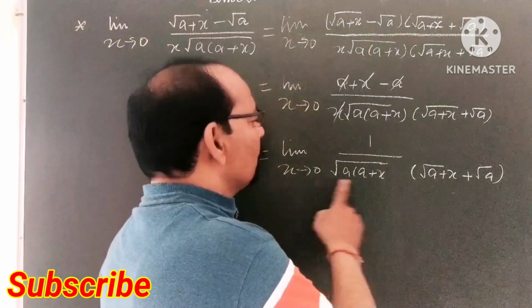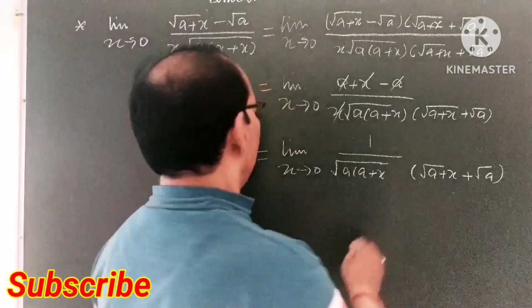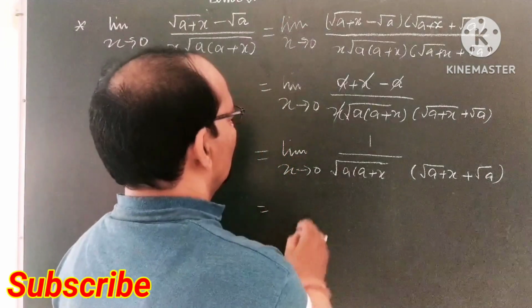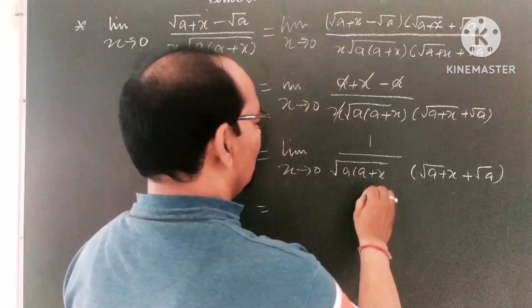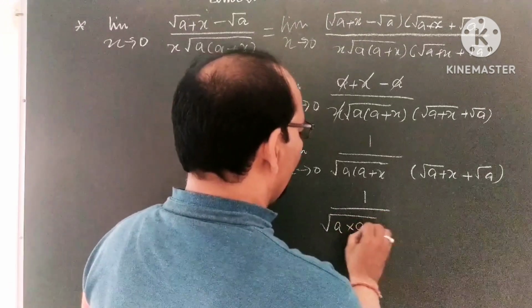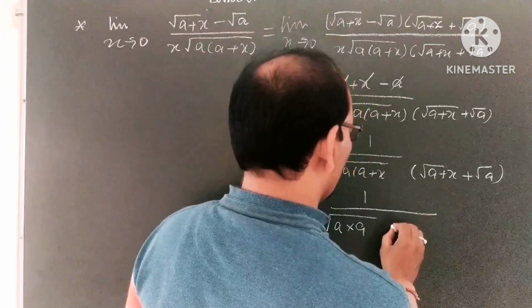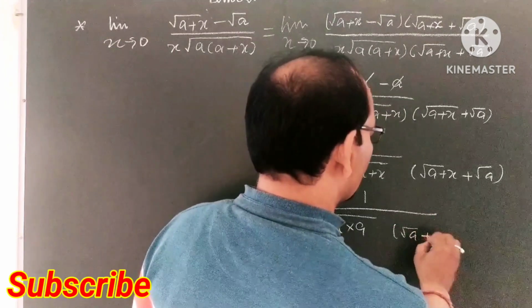If we put x tends to 0 here, we can find the limit of this function. Therefore, put 0 here, it will be root a into a, and here will be root a plus root a.